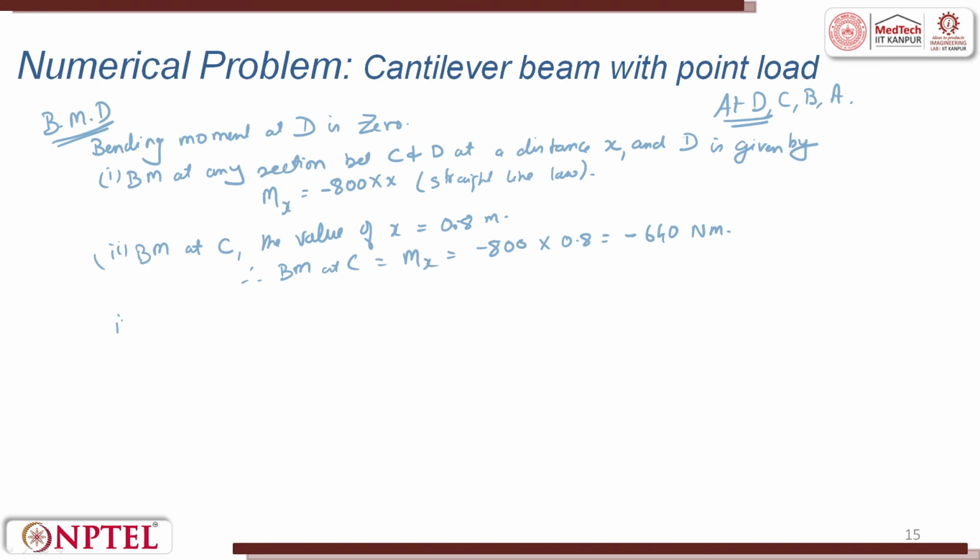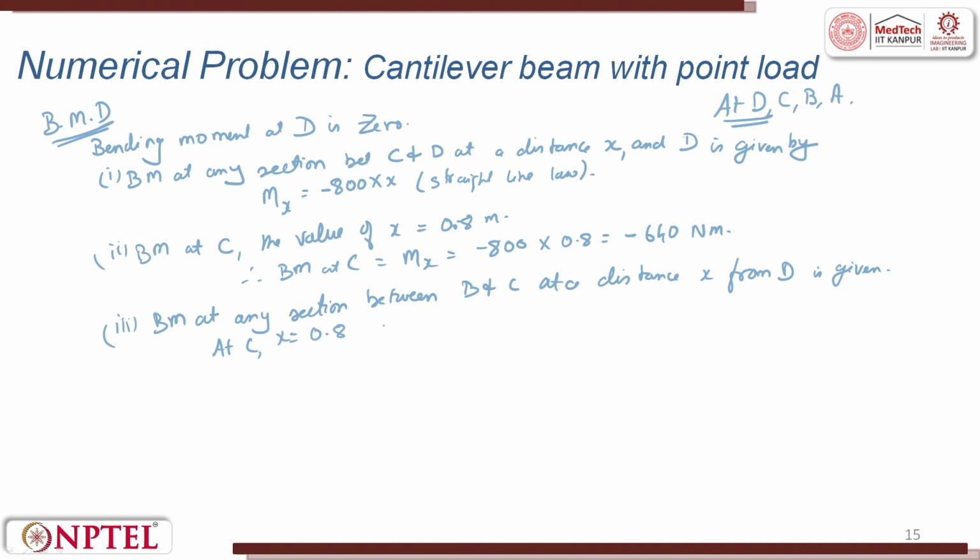So, next is going to be the bending moment at any section between B and C at a distance x from D. At C we have x equal to 0.8 and at B x is equal to 0.8 plus 0.7, which is 1.5.